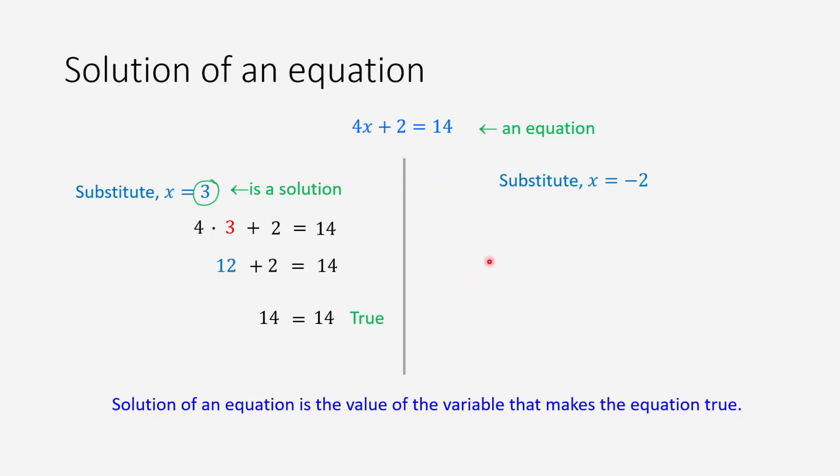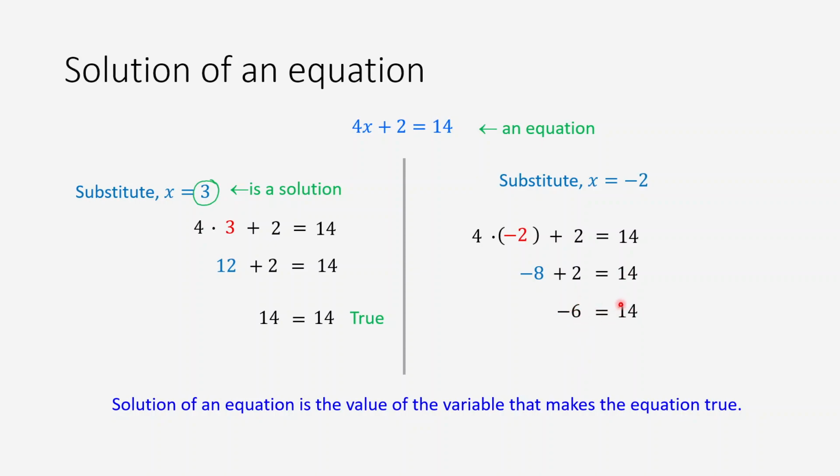Next, I am going to substitute x is equal to -2. 4, put -2 for x. 4 times -2 plus 2 is equal to 14. 4 times -2 is -8 plus 2 is equal to 14. -8 plus 2 is -6 is equal to 14. -6 is equal to 14.